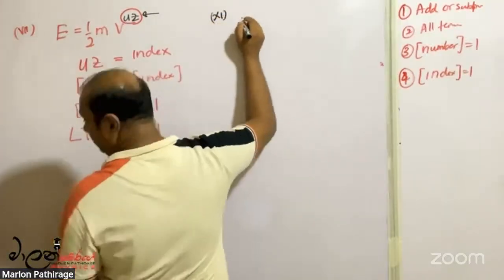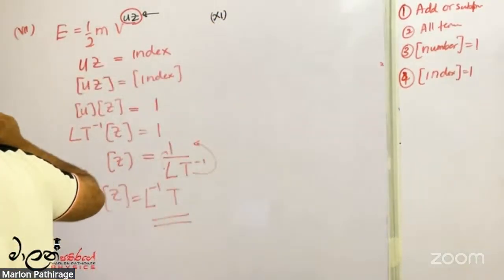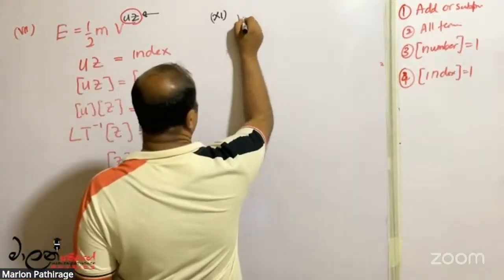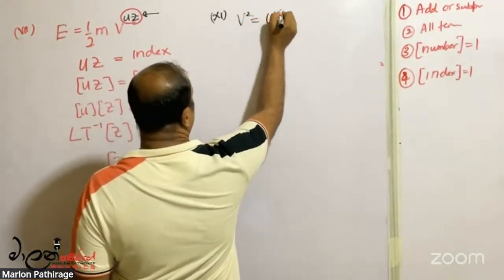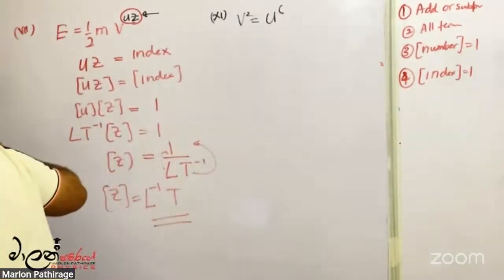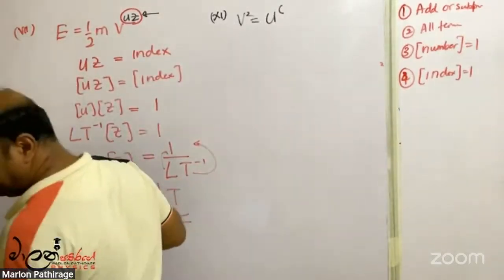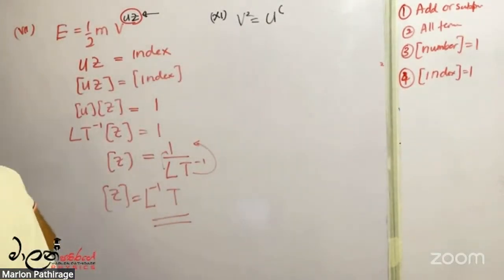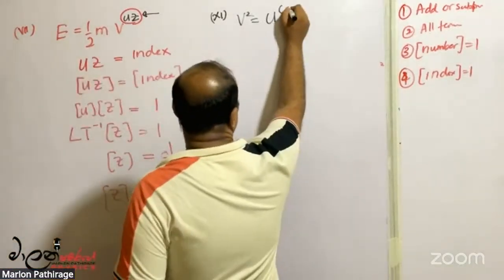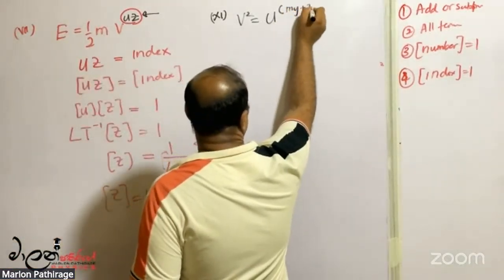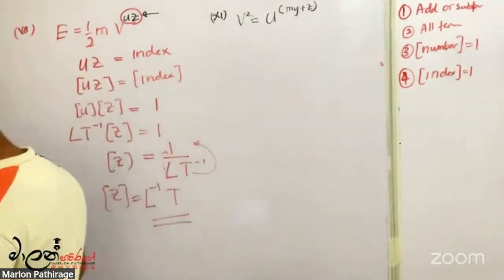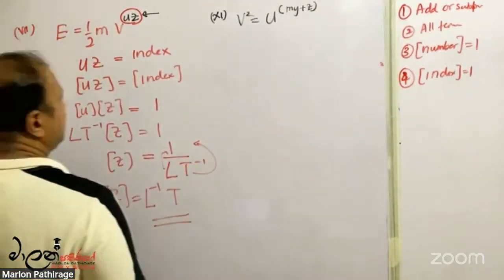Eleventh question: V square is equal to U to the power my plus Z, plus 2A's.